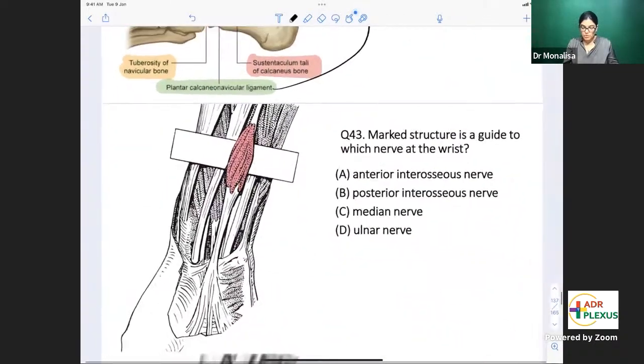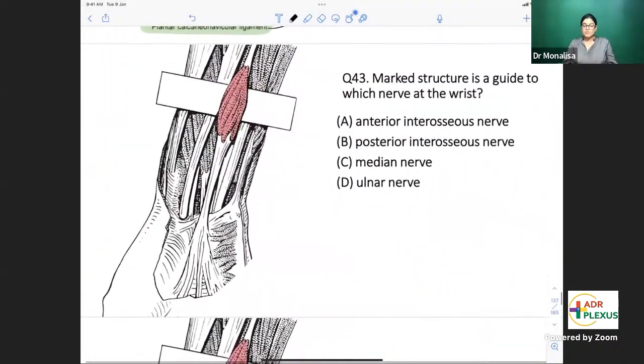Let's move on to the next question, number 43. Marked structure is a guide to which nerve at the level of the wrist? Anterior interosseous nerve, posterior interosseous nerve, median nerve, or ulnar nerve, which is the right answer? I'm getting mixed answers, D and C. Ulnar nerve, median nerve.